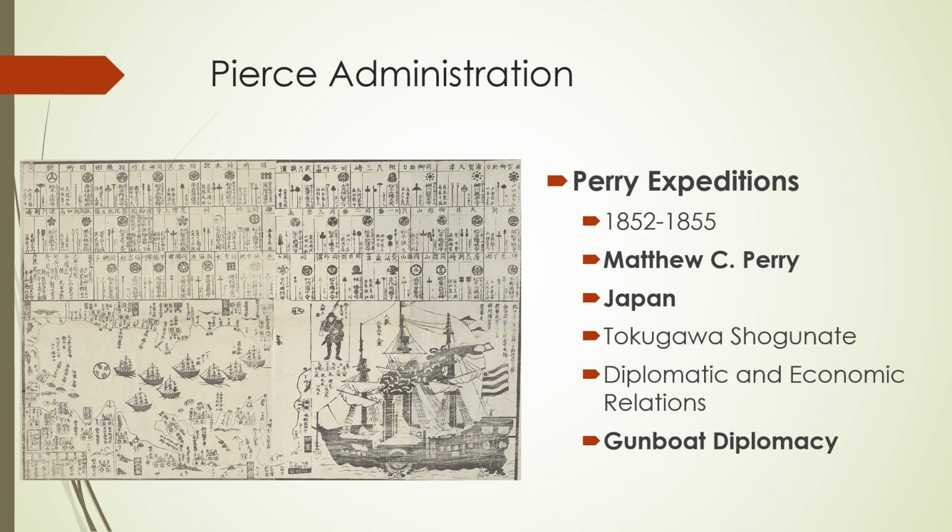And Japan had, during the earlier period of exploration, so when you think back to section 1 of this course, when we were talking about the age of exploration, during that time period, the Tokugawa shogunate had closed itself off. It closed Japan off. Basically, it didn't want outsider influence, and so it had sealed itself off from outsiders. But when Perry rolls up here in his boats in the mid 1800s, he's going to use what has been termed gunboat diplomacy.